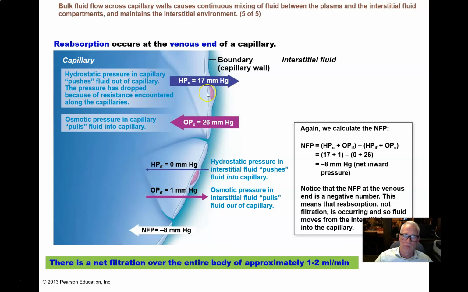When we subtract 17 from 26, we have what's called a negative net filtration pressure. Water actually moves into the capillary at the venous end. Isn't that cool? We have osmotic pressure pulling water in, hydrostatic pressure pushing water out, and whichever one is the bigger force will win, and water will move in that direction.